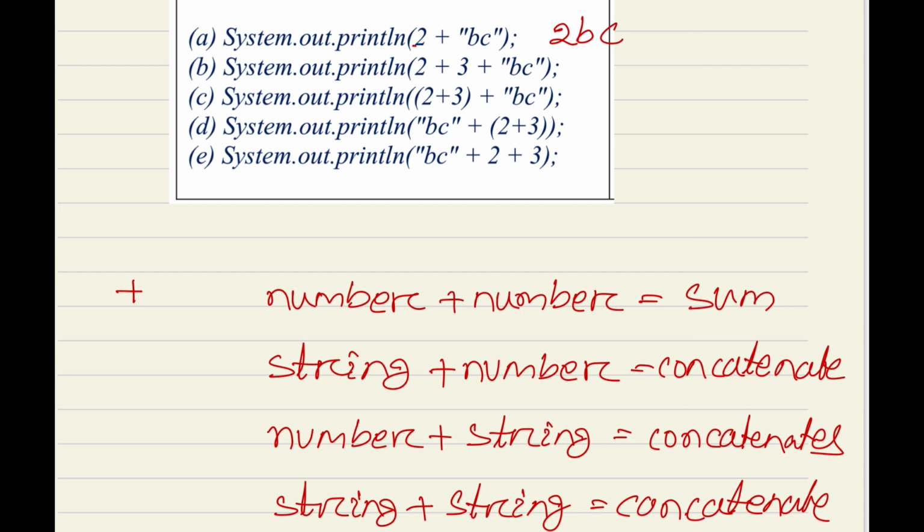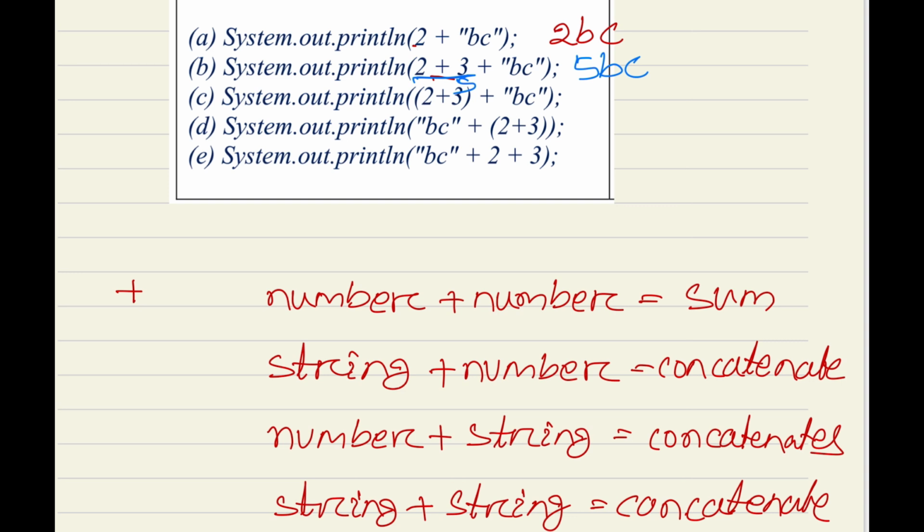So first this one is evaluated, then the next one. 2 plus 3, both are numbers, so it results in 5. Then 5 plus BC, BC is a string, so it is concatenated, so the result will be 5BC.